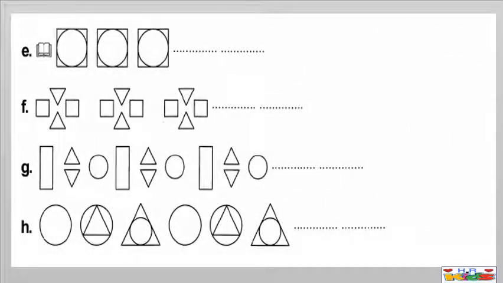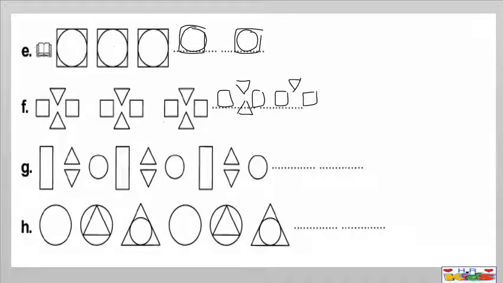Here in letter E, you have shapes like a square inside a circle, a square inside a circle, a square inside a circle. So we will do a square inside a circle. The next one, you have a square, 2 triangles and 2 squares, so you can draw the same shape. Is that all, teacher? I just look at what he did and do the same? Of course.